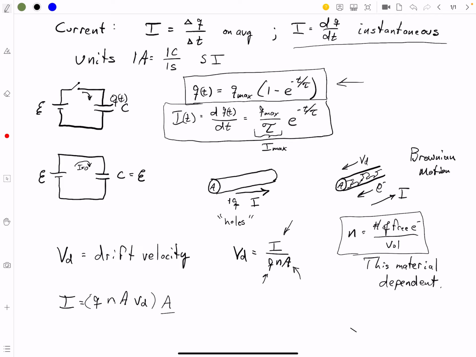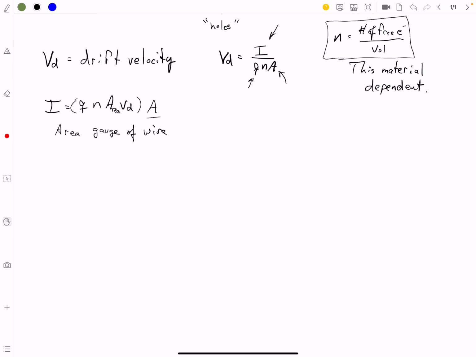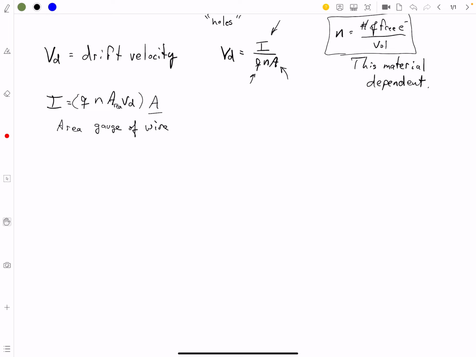Okay, so the area, this area, that area is what we would call the gauge of the wire. So the area equals the gauge of the wire.